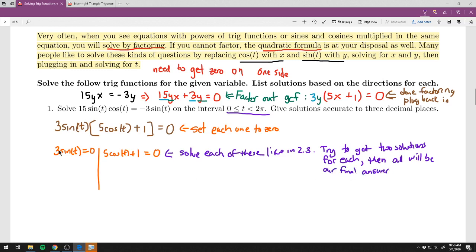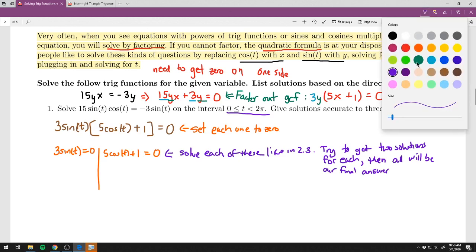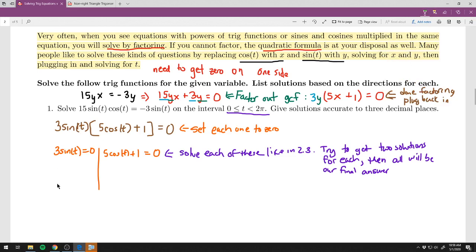It's just like when you factor and you set each factor equal to 0 and you get all the solutions for each part, they all make up your answer. So the one on the left, 3 times sine of t equals 0. If you divide by 3, we just got sine of t equals 0 here.